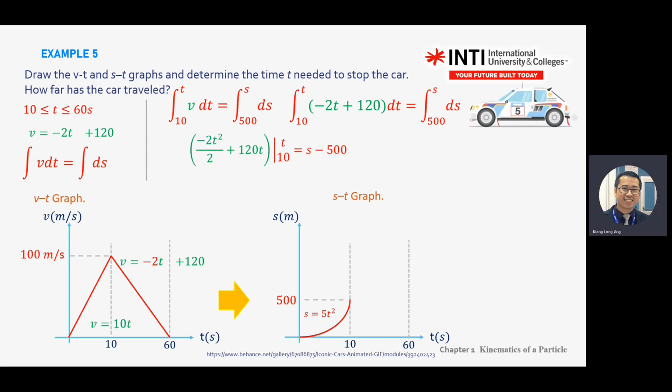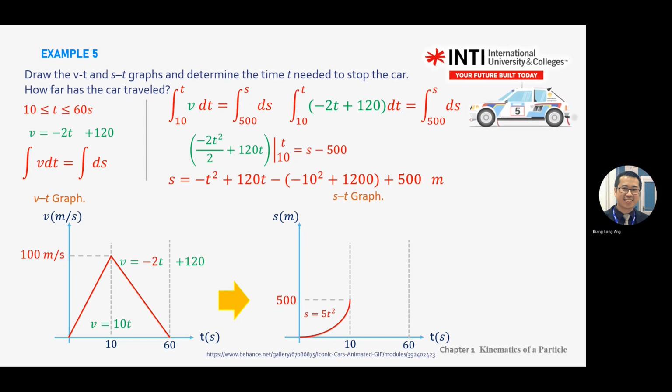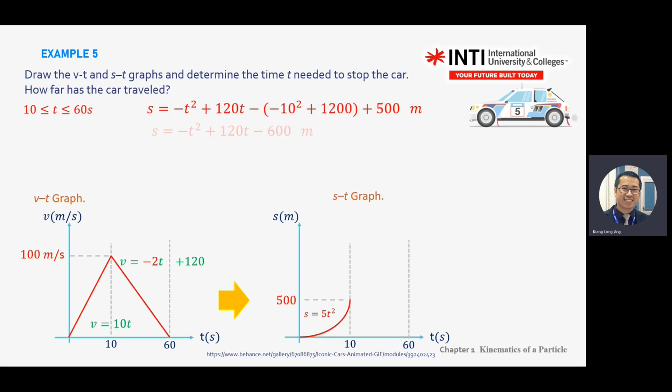You rearrange. There are two sides. One side is t minus the substitution of 10 inside. It's a long equation. Rearrange, and you arrive at a simple equation: s equal to minus t squared plus 100t minus 600.